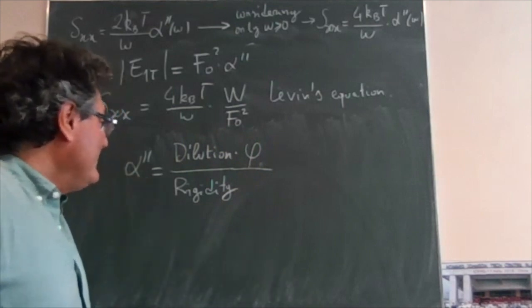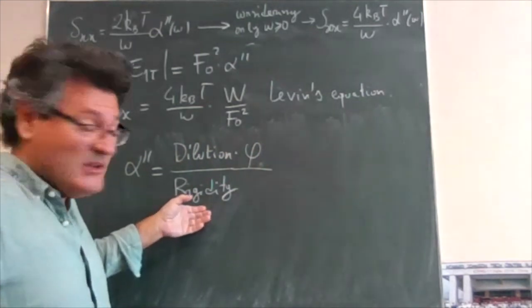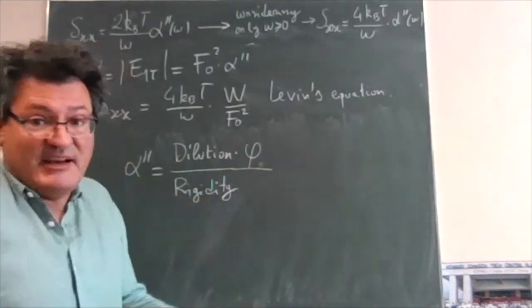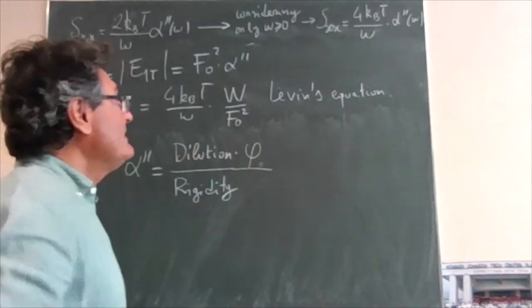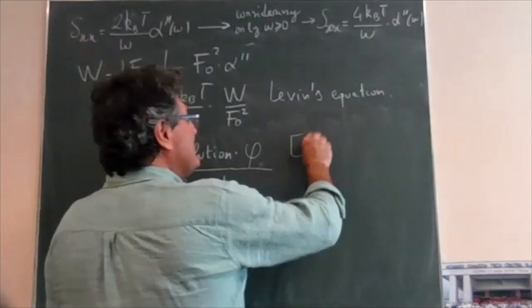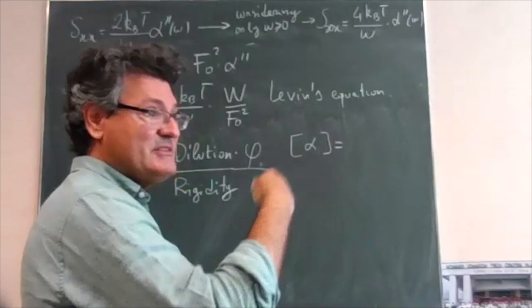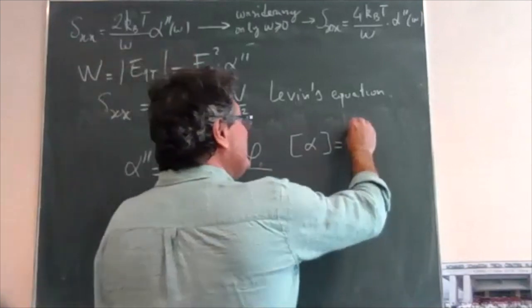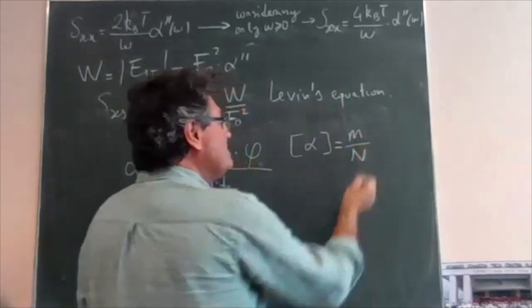And although it's not so important to talk about the rigidity, because now you know what rigidity is. The dimension of alpha is the response divided by excitation. This is a meter in mechanics, meter per Newton.